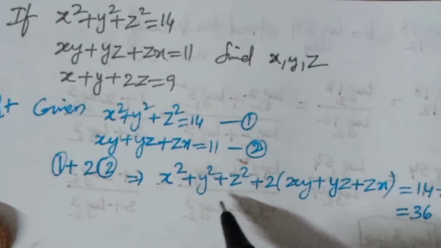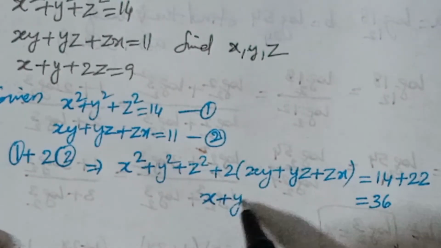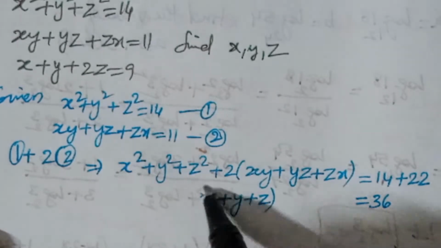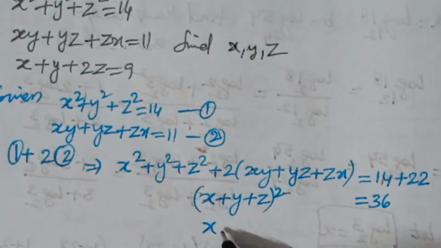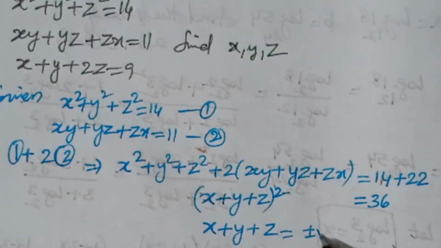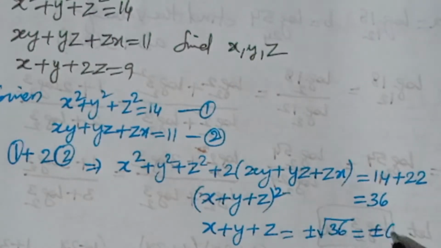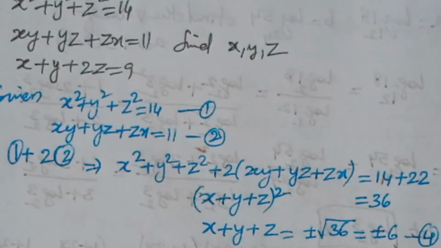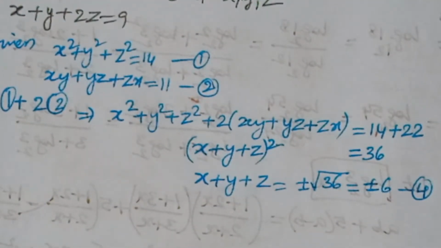Now this changes into (x + y + z)² = 36. Taking the square root, x + y + z = ±6. Let it be equation 4. So here we can solve the equations.